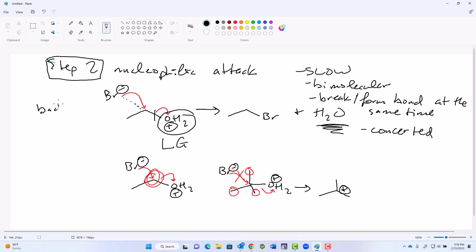It's called backside attack because it's coming from behind the OH2. We can't physically do it because we've got so much steric bulk here blocking us. You'll also notice here that there's no carbocation intermediate, and that's a key distinction between SN1 and SN2 reactions: in an SN2 mechanism, no carbocation is formed in the process.